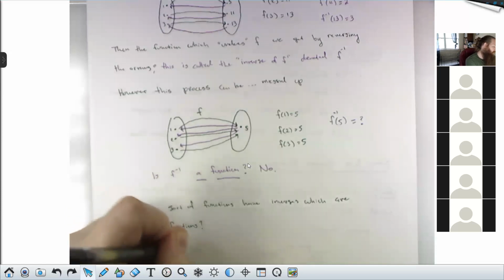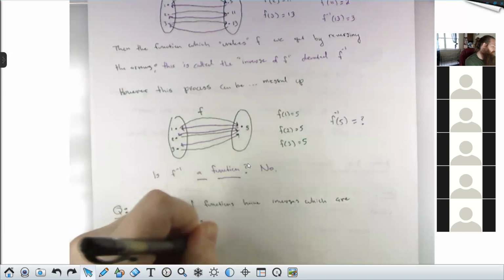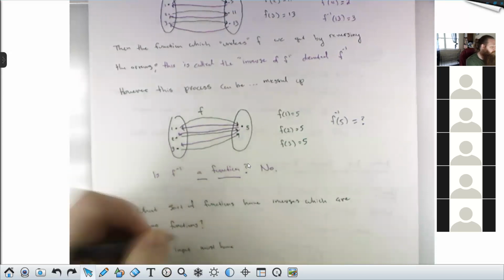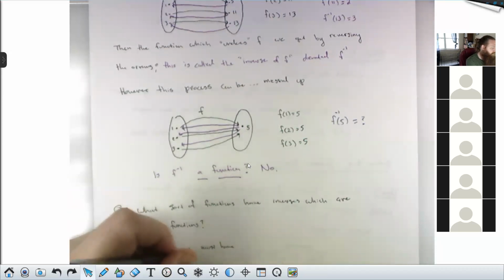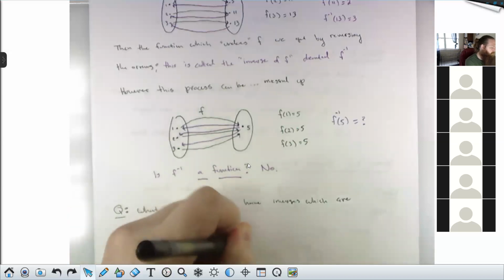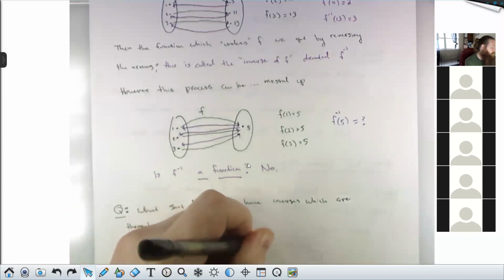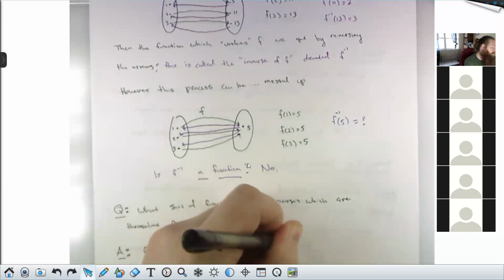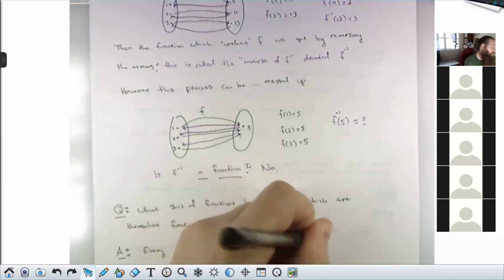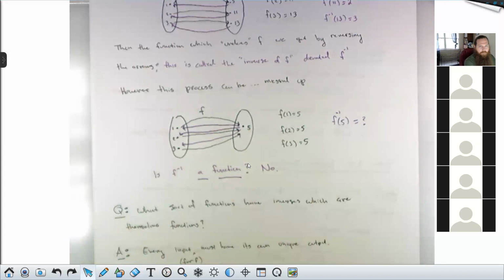Every input for the original, for f, must have its own unique output. The word for this is one-to-one.